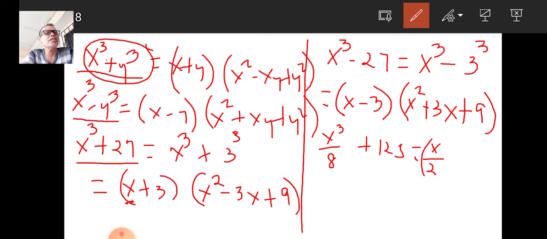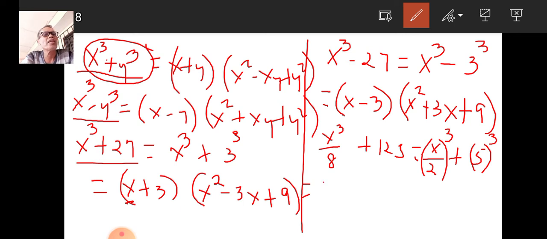Then raise the numerator and the denominator to 3. Then plus. What is the cube root of 125? You are to think of a number wherein if you multiply that number 3 times by itself, you will have 125. So that is 5. 5 times 5 is 25, times 5 is 125. Then raise it to 3. Now disregard the exponent and copy the base.